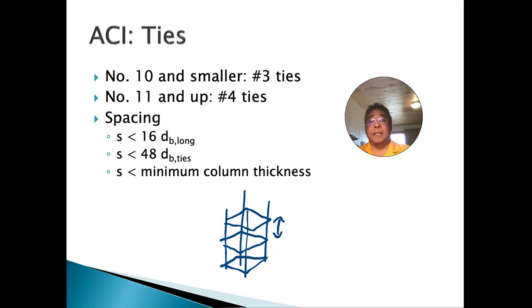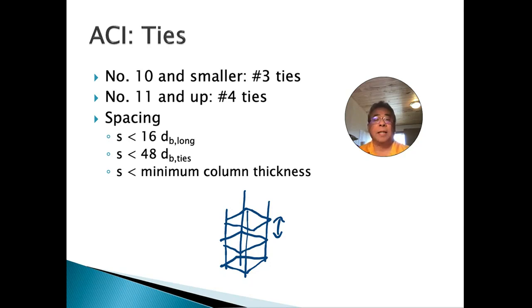Okay, it's the least of 16 times the diameter of the vertical, I call them the long bars or longitudinal bars, 48 times the diameter of the tie, which is going to be a number 3 or a number 4, or less than the minimum column thickness. Okay, so if you have a 12 by 18 inch column, 12.